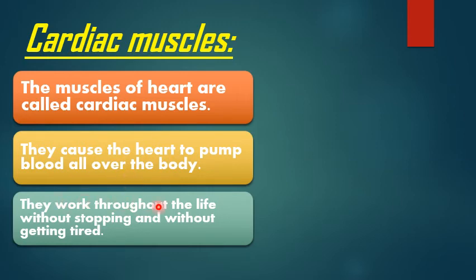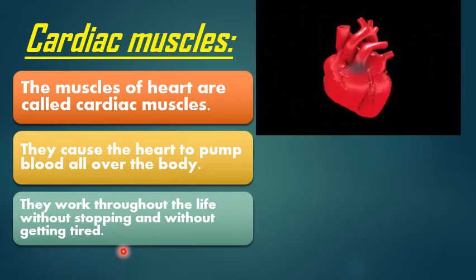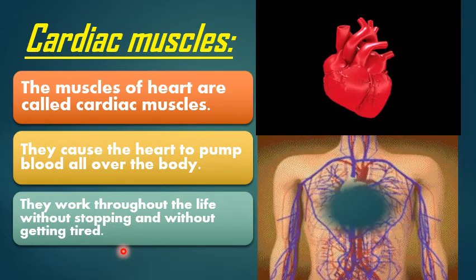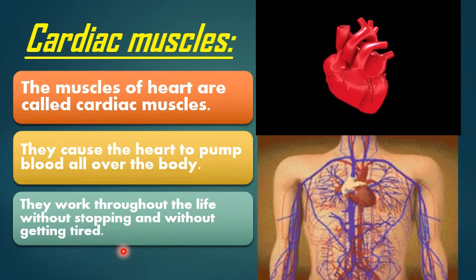They work throughout life without stopping and without getting tired. This is how the cardiac muscles move, and this is how they pump the blood all over our body. So cardiac muscles are the muscles of the heart, and they are also not in our control.